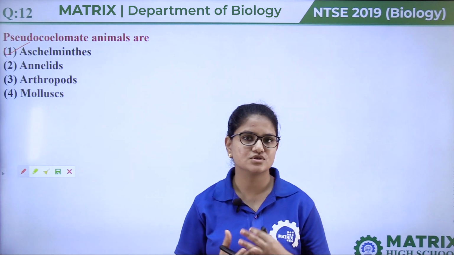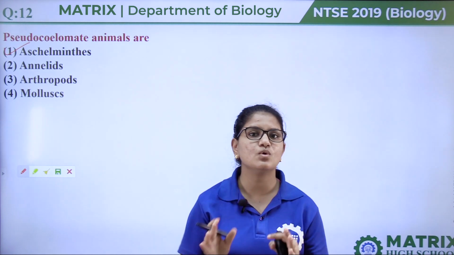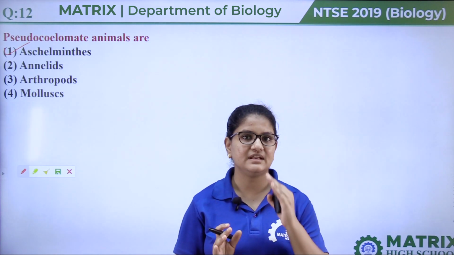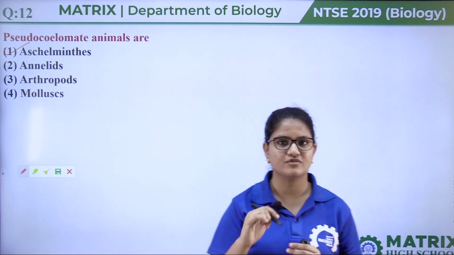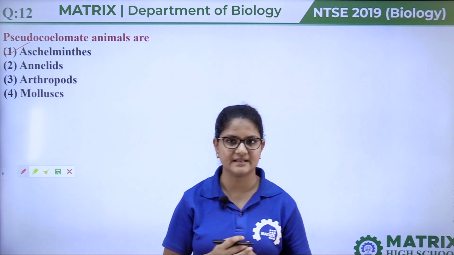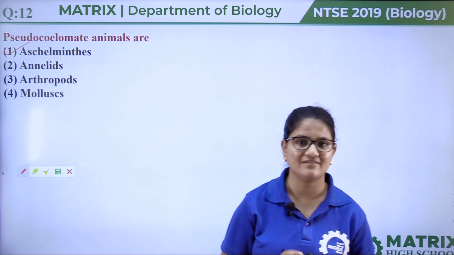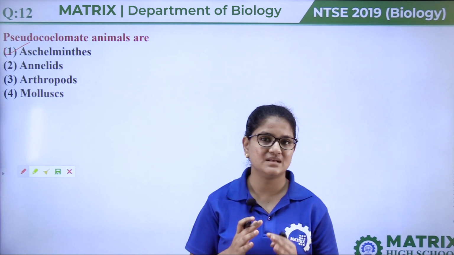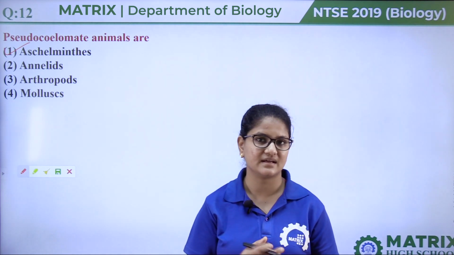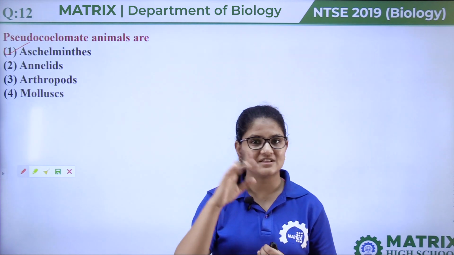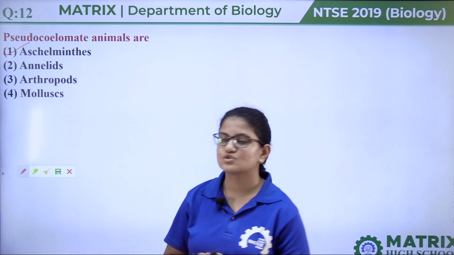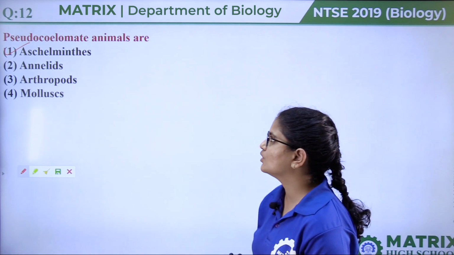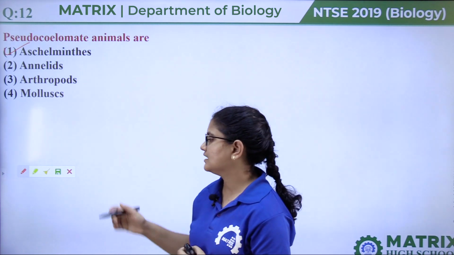So in pseudocoelomates, there is no true cavity between ectoderm and endoderm, because a few pouches of mesoderm are present in it. That's why there is no cavity, but it seems that there might be a cavity, because patches of mesoderm are present, not the complete mesoderm. So it is known as pseudocoelomate animal.